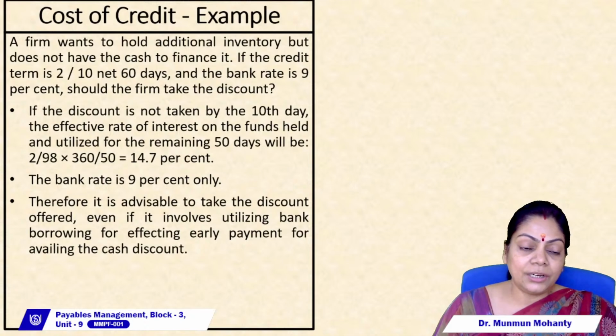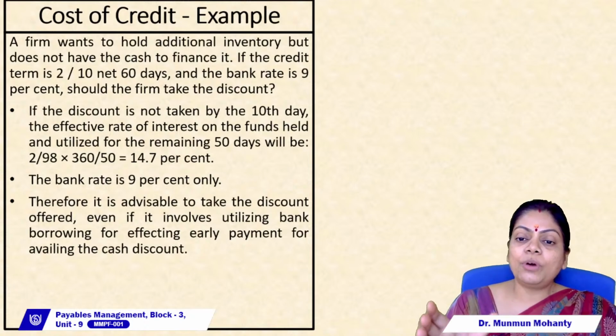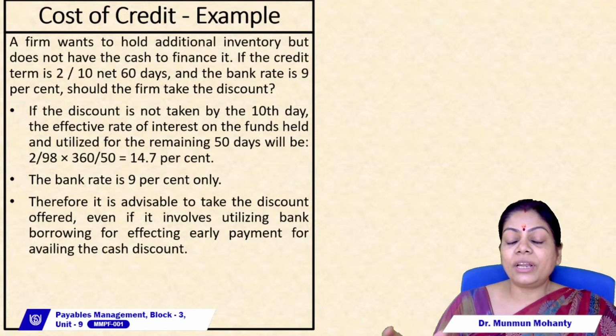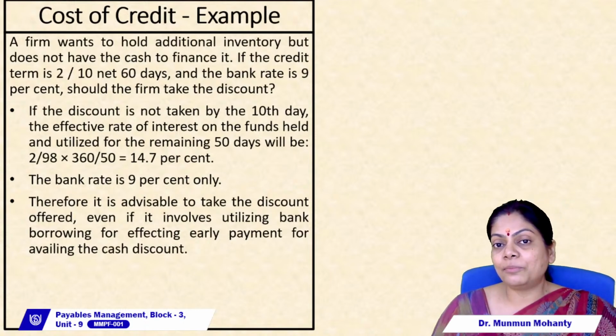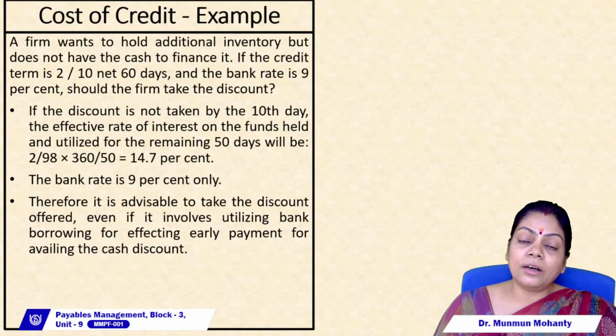The cost of your stretching for 50 days, basically you are using your supplier's funds, and the supplier's funds are coming at a cost of 14.7%, whereas the bank is giving you the same funds at 9%. So obviously you will make a choice of paying early within 10 days by borrowing the cash, because the bank rate is only 9%.